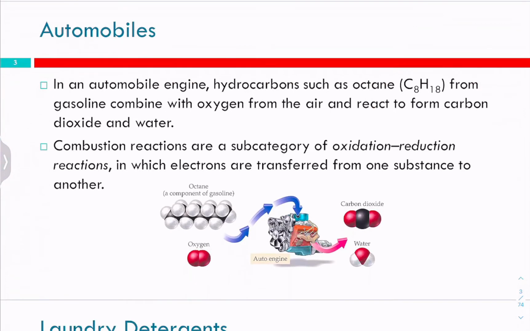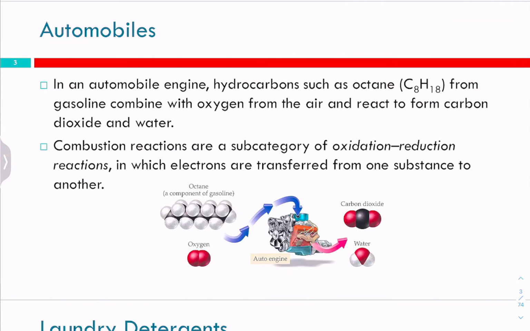Another reaction that we use almost every day is combustion. In an automobile engine, it's taking hydrocarbons. There are a lot of different types of hydrocarbons; octane is one of them. It combines them with oxygen from the air and reacts to form carbon dioxide and water.